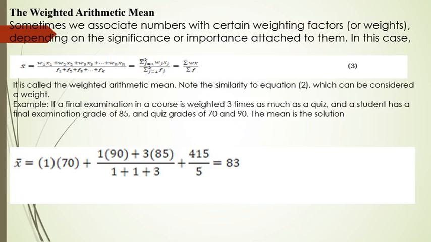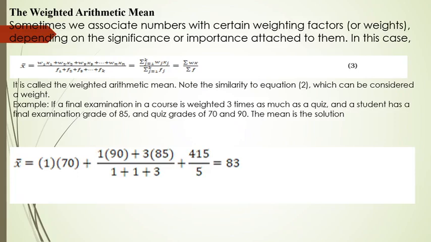The formula for calculating the weighted arithmetic mean is given as stated in equation 3. X bar is equal to W1 X1 plus W2 X2 plus W3 X3 up to Wk Xk all over.